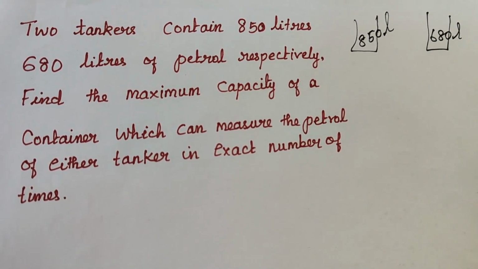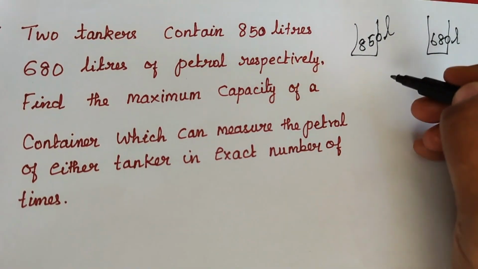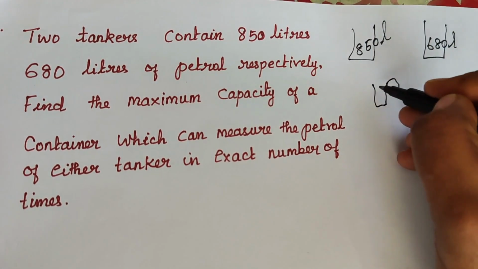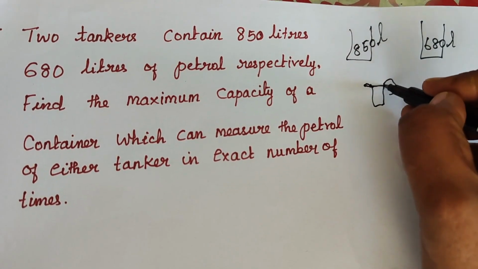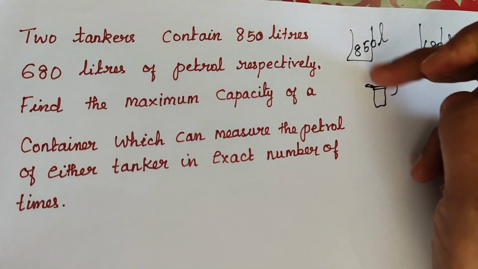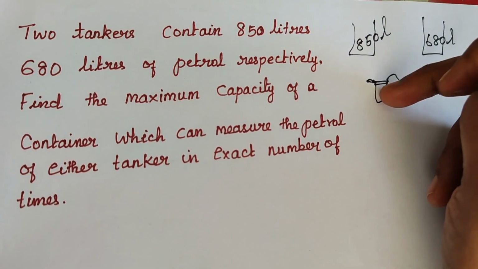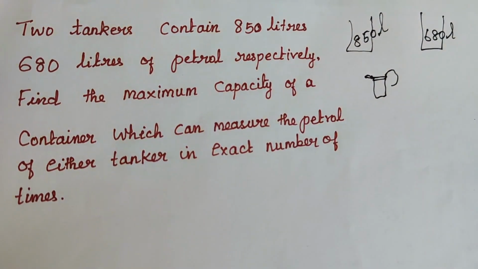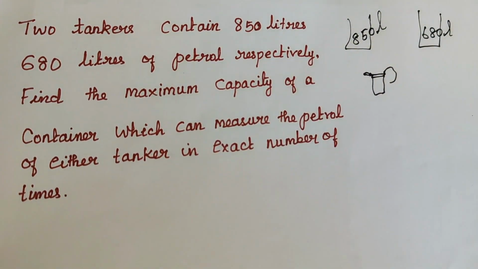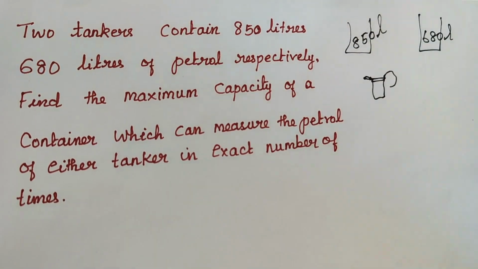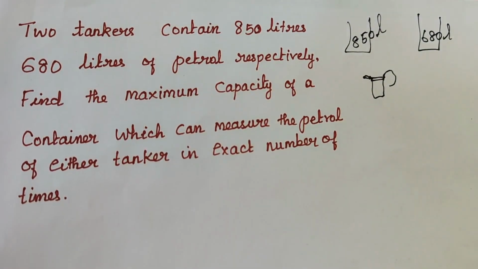We want to find the maximum capacity of another container. This container should measure equal number of times, which means 850 divided by this container gives you exact number of times, and also 680 divided by this container gives you exact number of times.